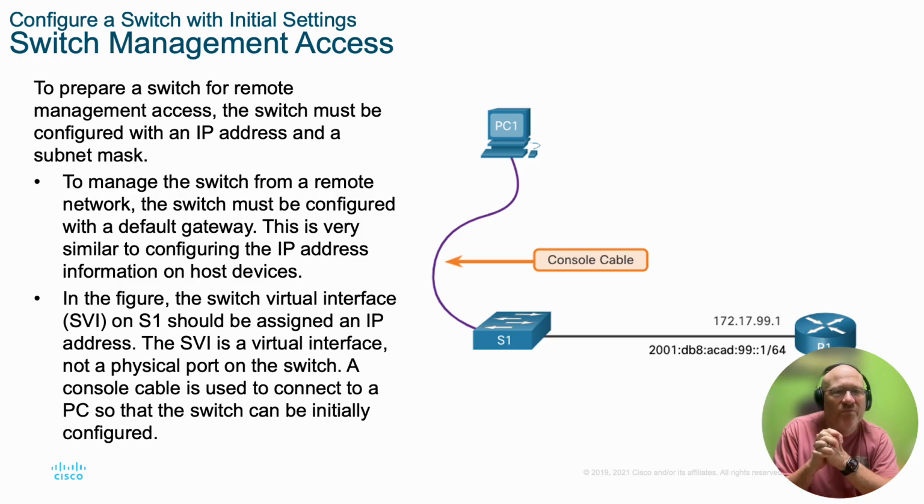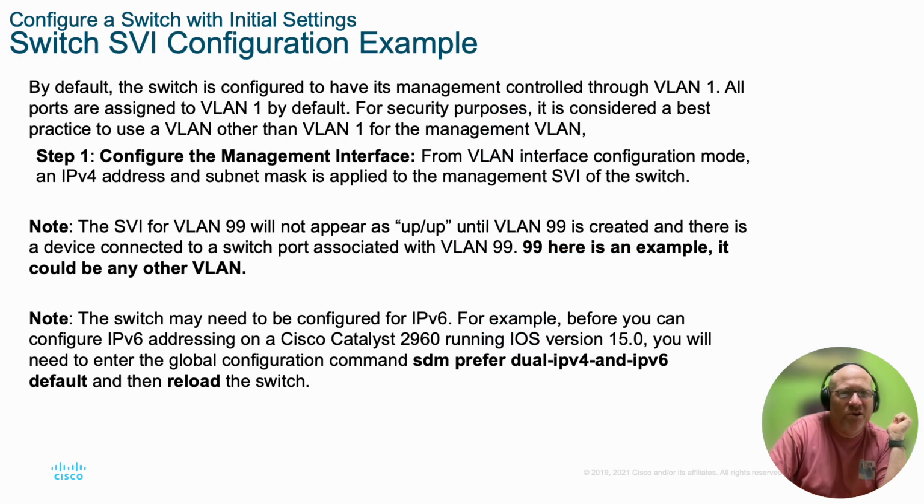But SVI is a virtual interface, a virtual remote port. You can have the physical console port that you plug in and configure using a terminal emulator like PuTTY or Tera Term.